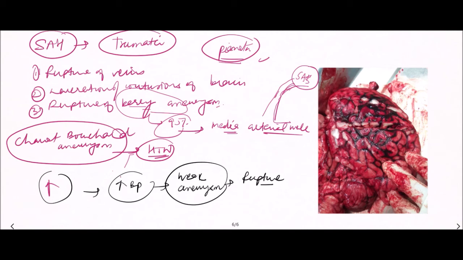Now, traumatic subarachnoid hemorrhage over the base of the brain can be caused by lacerations of the internal carotid, vertebral, or basilar vessels.